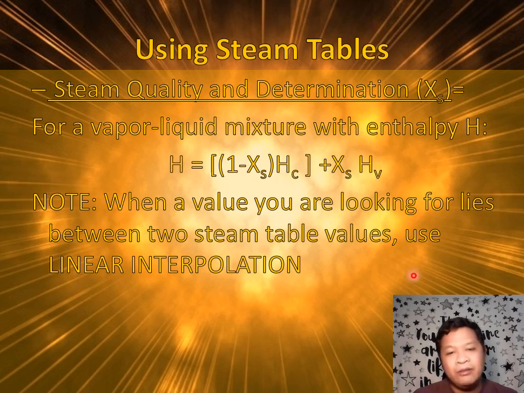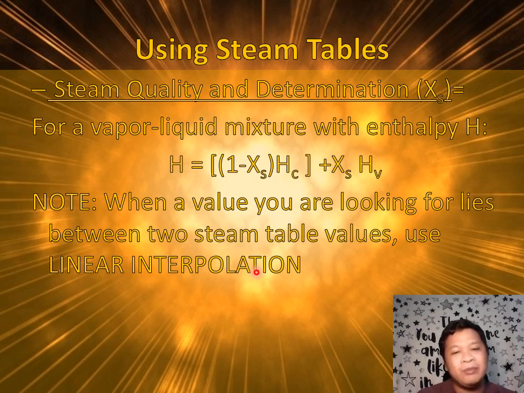When you are looking for values that are between any two steam table values, you would have to use linear interpolation. Ngayon, actually online, meron mga steam tables that could, hindi na pala sila tables, no? Parang search bar lang, you input the values and they calculate for you.